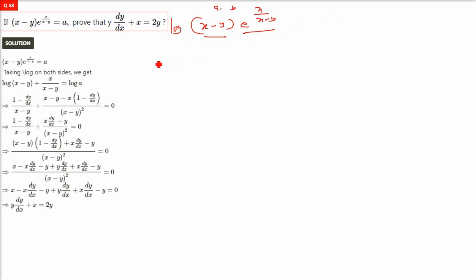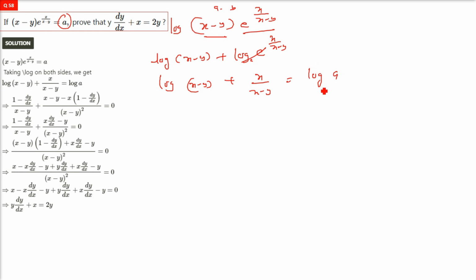Log a into b is log a plus log b. So log x minus y plus log e to the power x by x minus y. When we take log, the base is already e, so log e is just equal to 1. So you can just write x by x minus y in this place. So log x minus y plus x by x minus y.